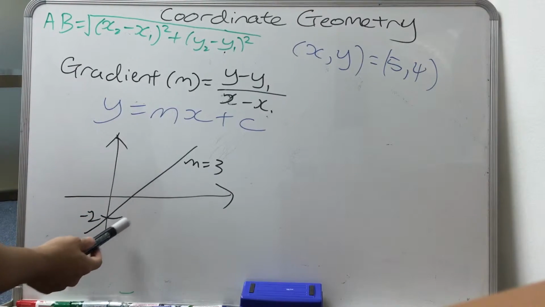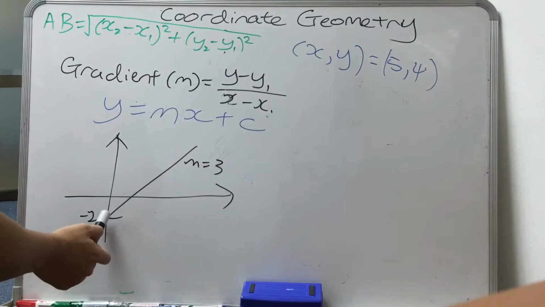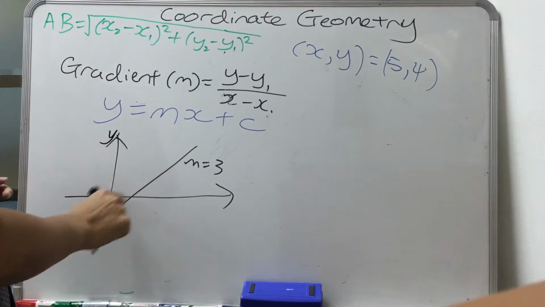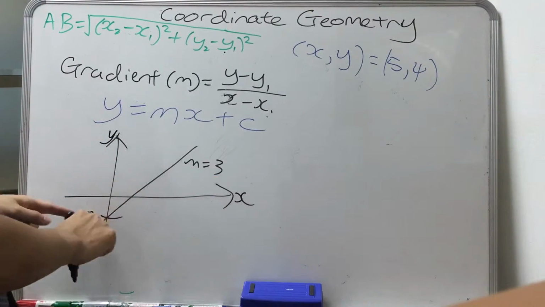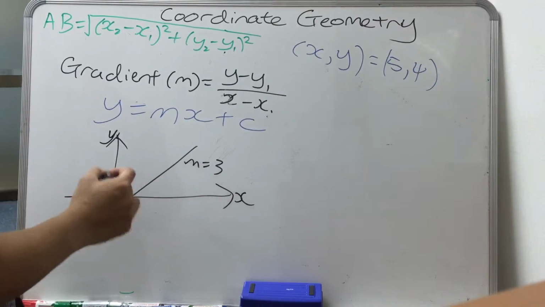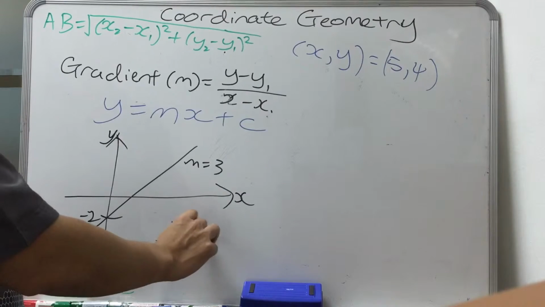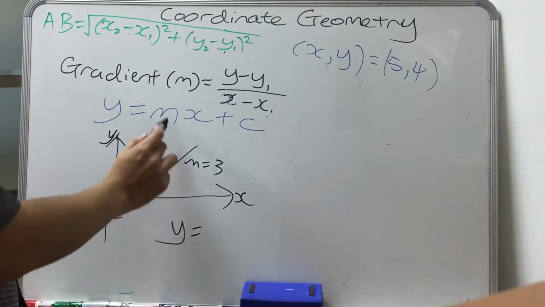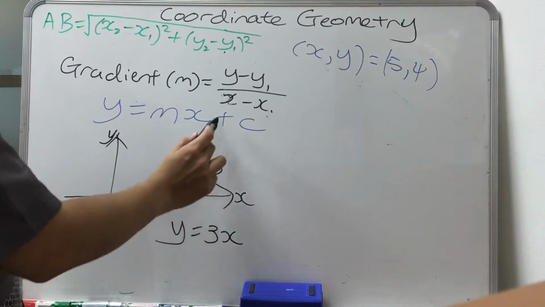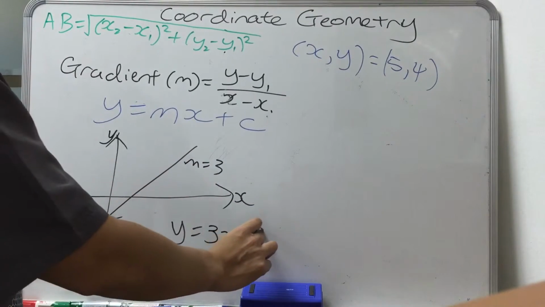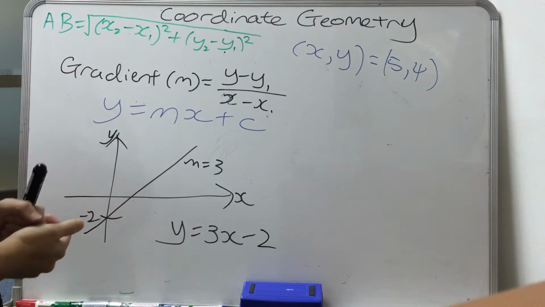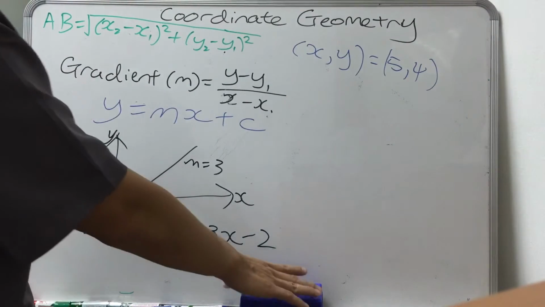The y-intercept is the point where the line cuts the y-axis. This vertical line here is the y-axis. So the y-intercept is minus 2 here. What is the gradient? 3. So represent this into its equation. y equals gradient 3x. What is the y-intercept? Minus 2. So the equation of this line is y equals 3x minus 2.